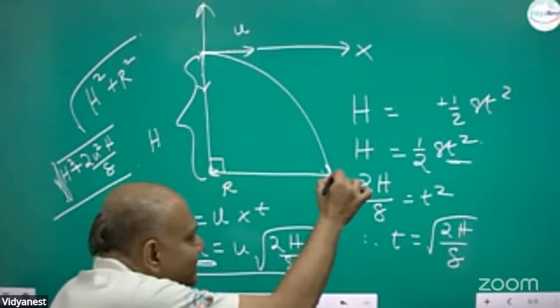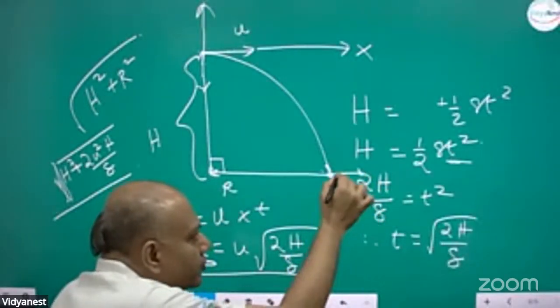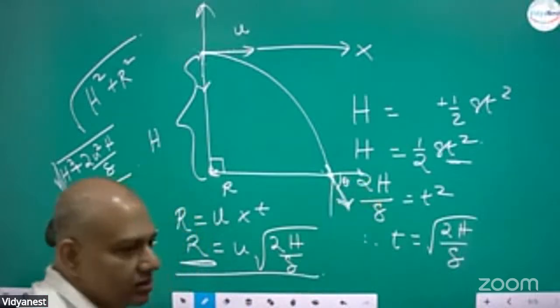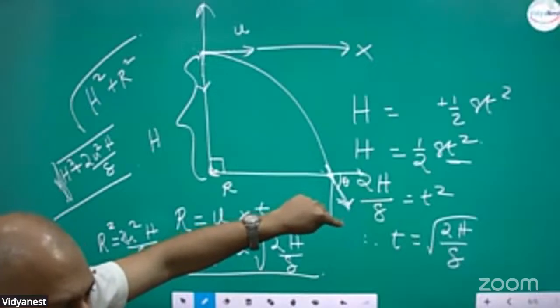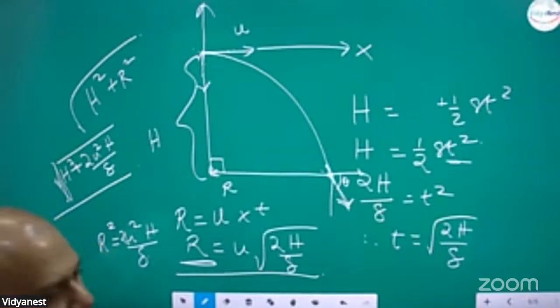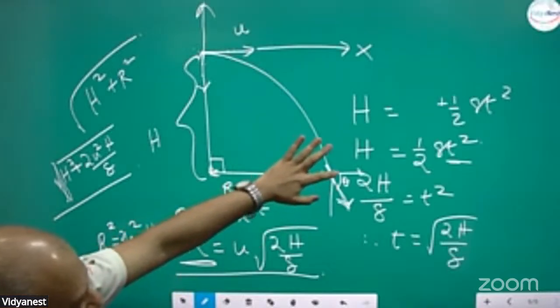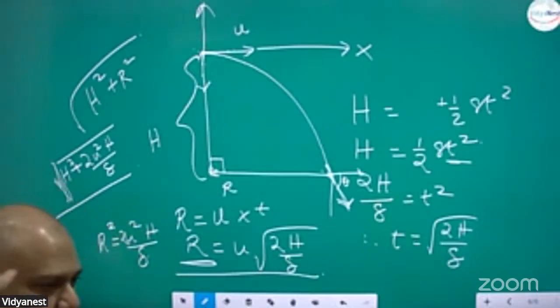What is the inclination theta of the velocity with the horizontal direction when it is striking the ground? Is the question clear? What is the inclination? This is the question.